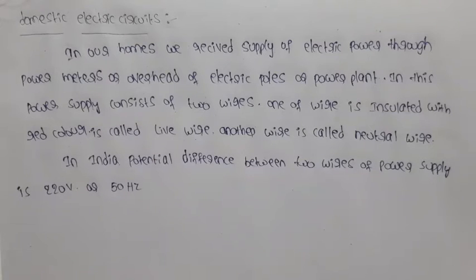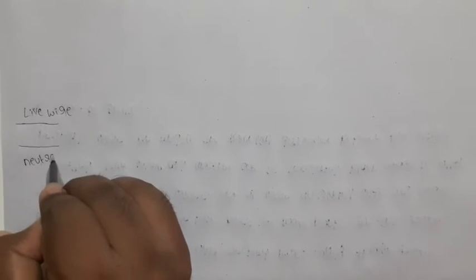Next, how do you construct the electric circuit? The power supply consists of two wires. This is the first wire and this is the second wire. One wire is insulated with red color, and that wire is named the live wire. The other wire is named the neutral wire.